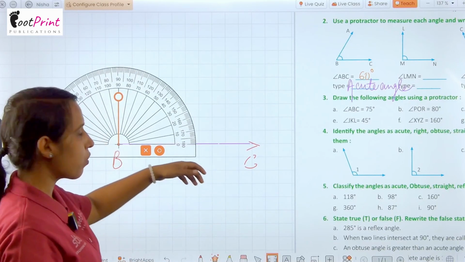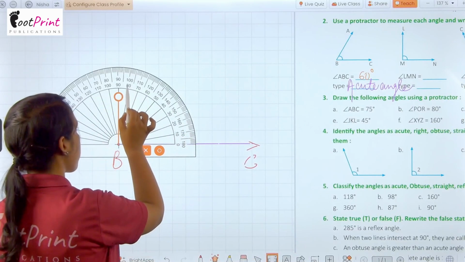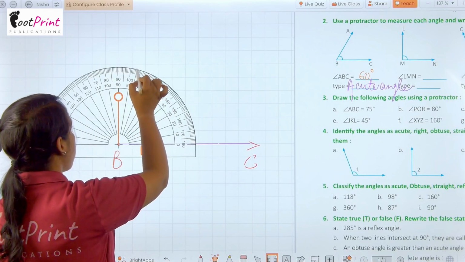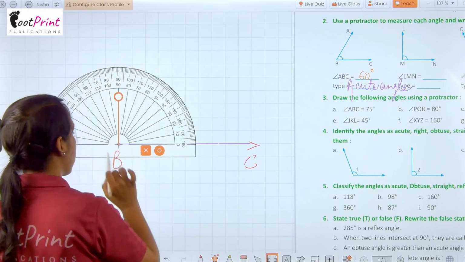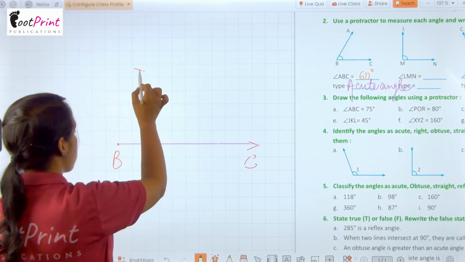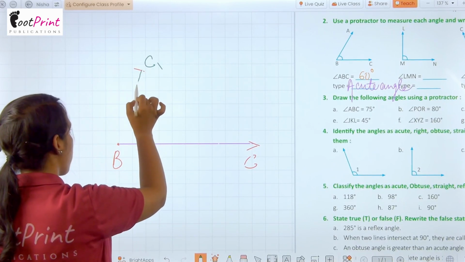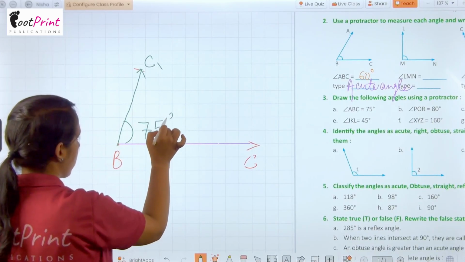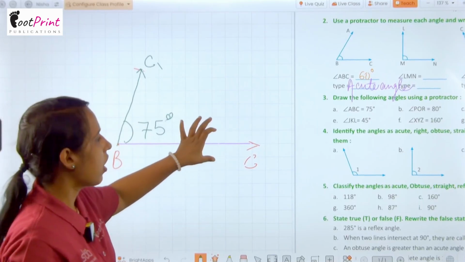Okay, here we use the inner scale, that is 75 degree. So from 0 we move to 70 and between 70 to 80 we have 75 degree, and after removing the protractor we can mark it. Join the point C we have here. Okay, and we join it from here. So it is equals to 75 degree. So in this manner you can make the angles.